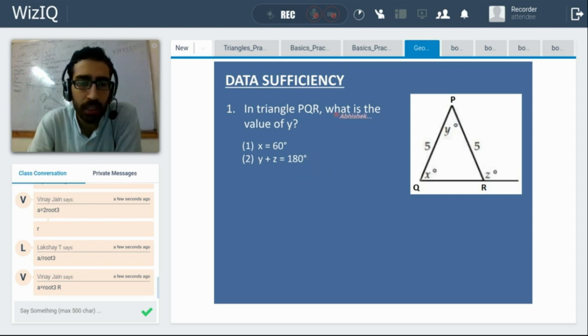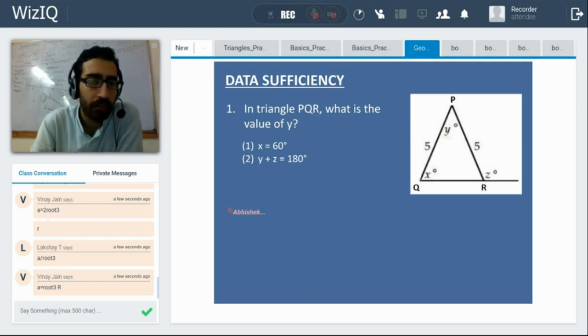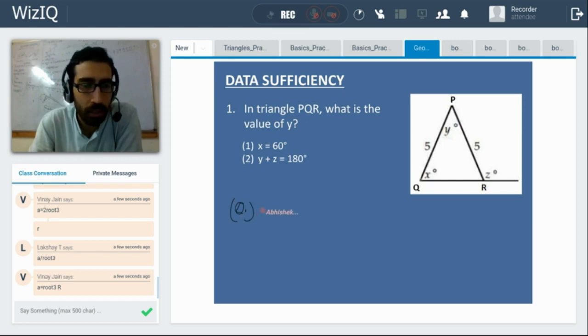I'm just touching upon data sufficiency again. Typically, the format of a data sufficiency question is something like this. You have a question. In that question, you are given some facts, either directly in the question, through words, or through the diagram. Like in this question, the diagram gives you a lot of information.